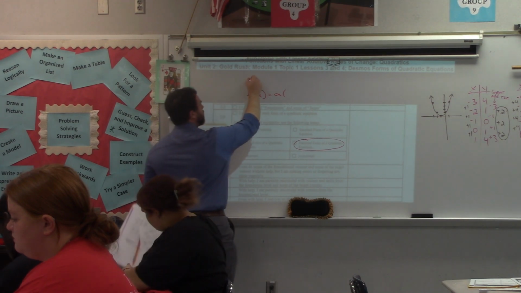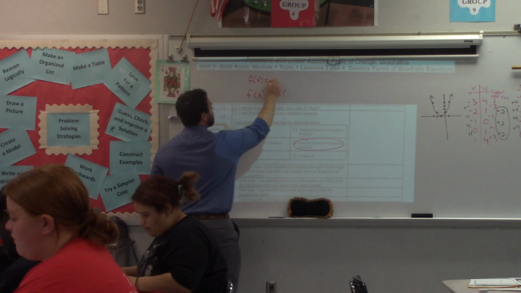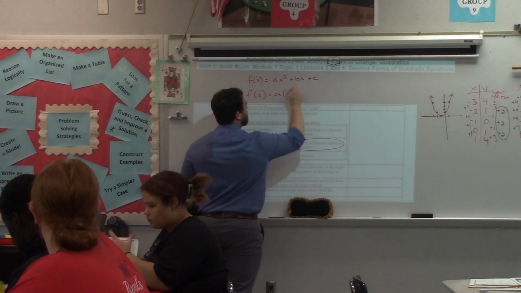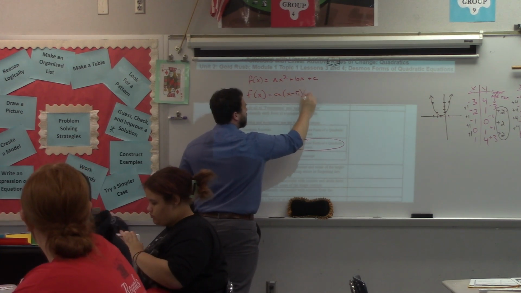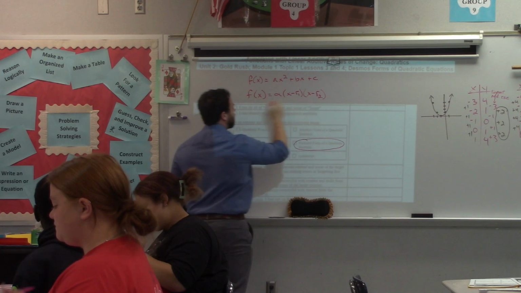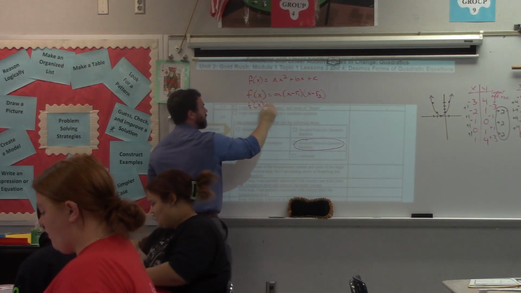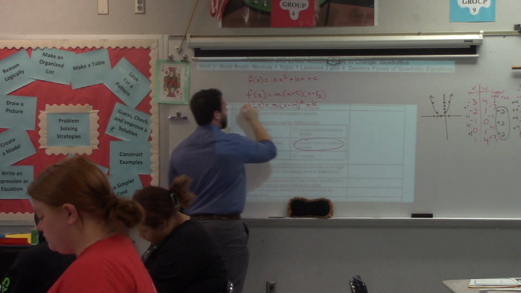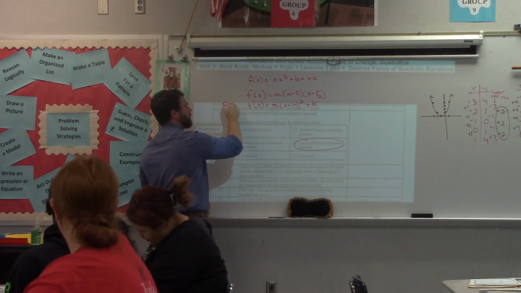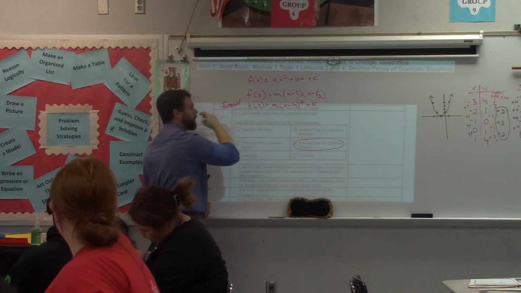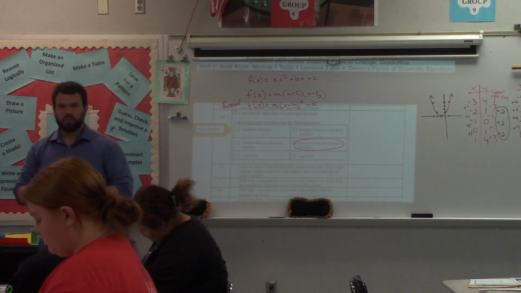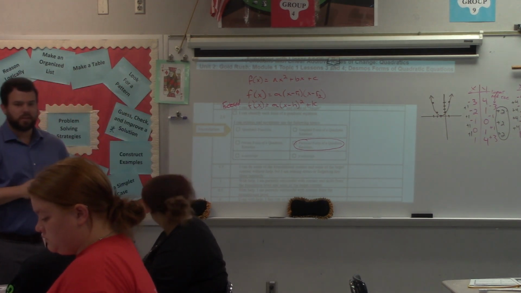Okay, let me write the three forms up here. I'm just going to write the three forms. Alright, do you think that's my factored form? Okay. Anybody want to add on to or push back? You thought that was vertex?